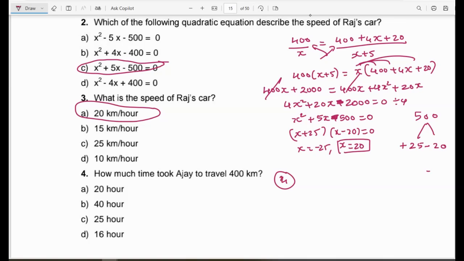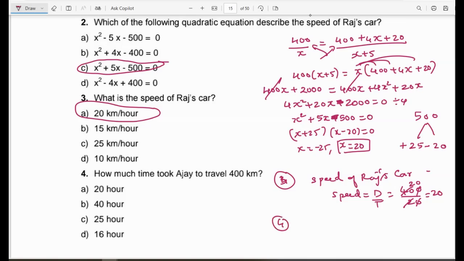You can even calculate the speed of the Raj car as distance by time. So here distance is 400, time taken is 20. So it is 20 kilometers per hour.